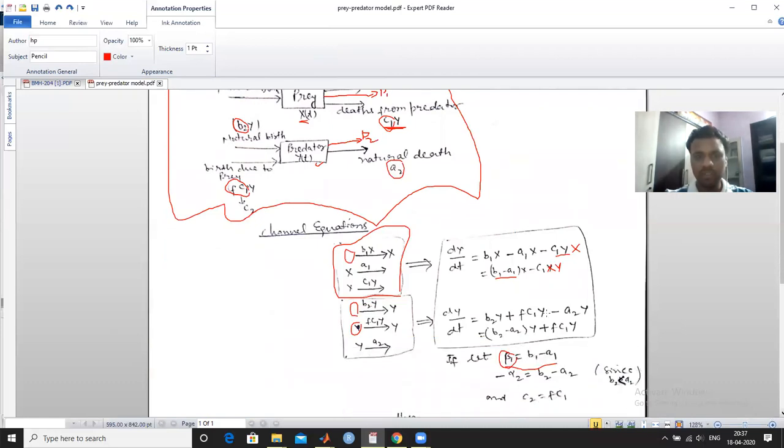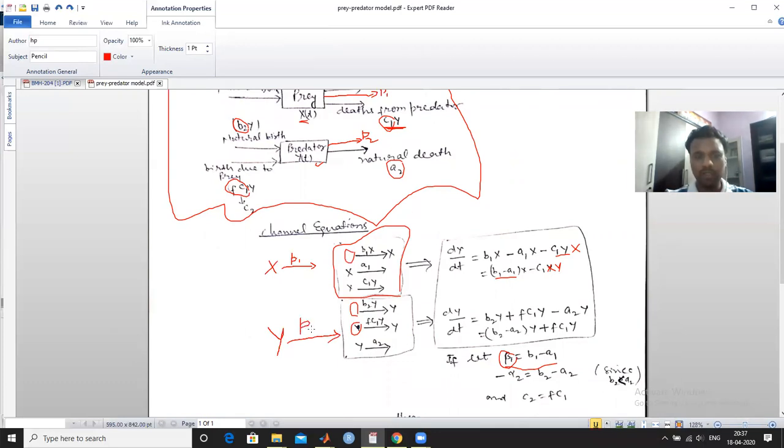So what will be the chemical equations or channel equations? There will be two additional equations. For the X compartment, X is going out with the rate of P1, and in the second one, Y is going out with the rate of P2.